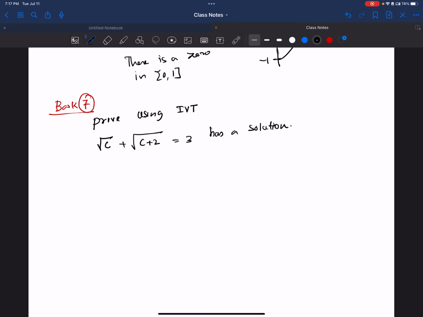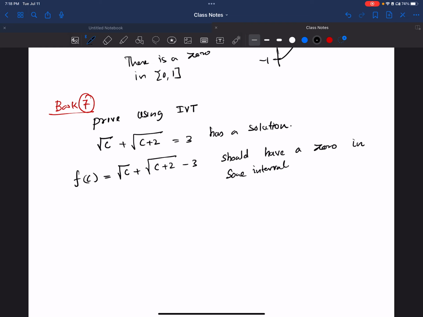What we need to do is create f of c. If it has a solution, then f of c, equal to the expression plus c plus 2 minus 3, should have a 0 in some closed interval.